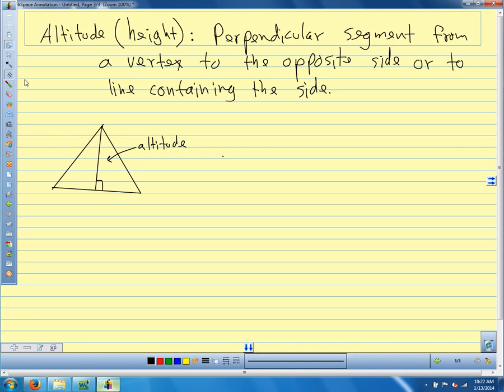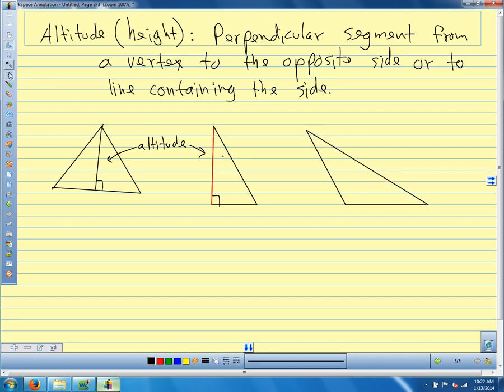If we have a right triangle, the perpendicular segment from this vertex to this side is that side of the triangle. So that is an altitude. So the altitude could be a side of the triangle. And if we have an obtuse triangle, here's why we had to write that or.